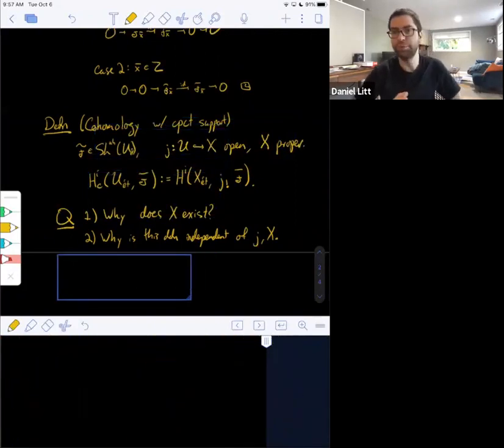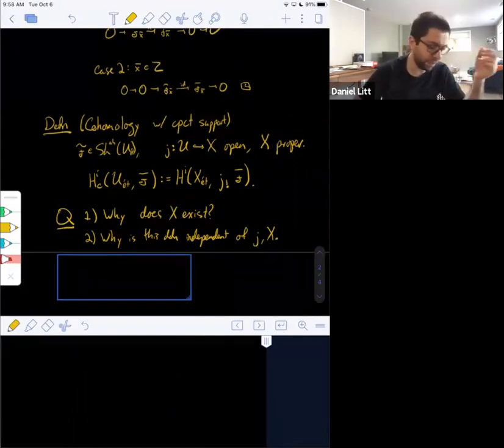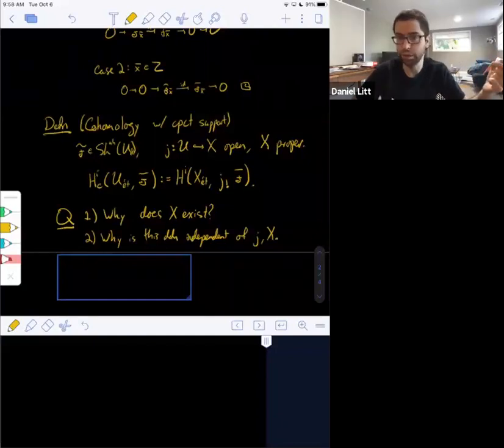So let me just briefly remind you what this is supposed to be analogous to, if you haven't thought about compactly supported cohomology in topology. There are a few ways of defining it. Maybe the simplest one, in my opinion, is if you have a manifold, you can take the complex of compactly supported C infinity differential forms.